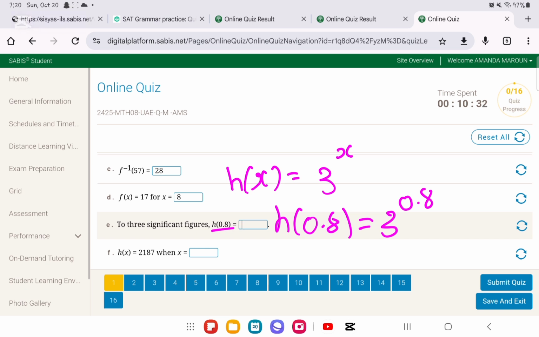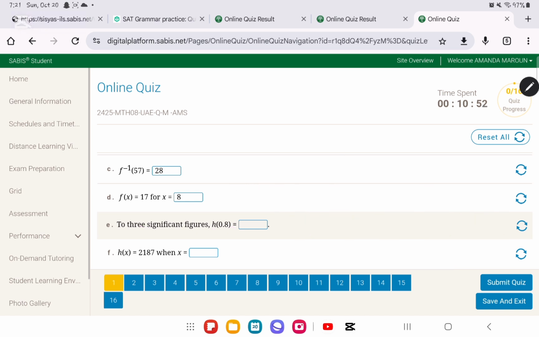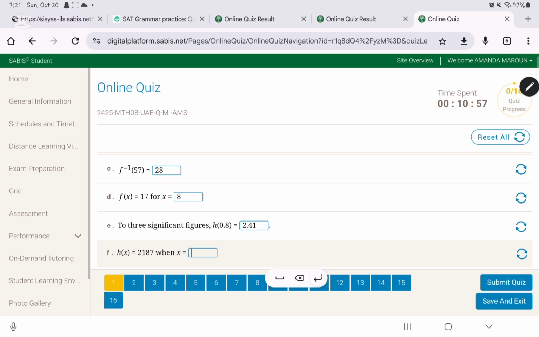If we do it on the calculator, 3 to the power of 0.8, we will get 2.4082, but they needed 3 significant figures, so we're going to take 1, 2, 3. We can round it, so then it will become 2.41. So here the answer is 2.41.